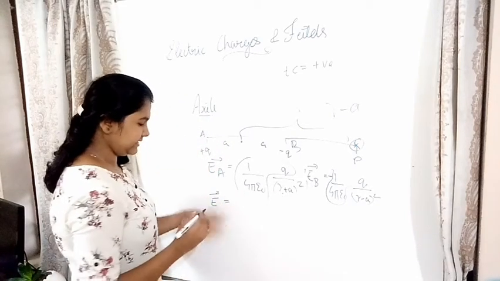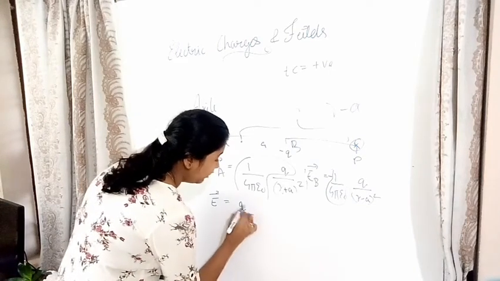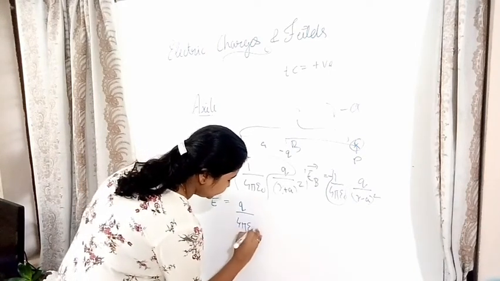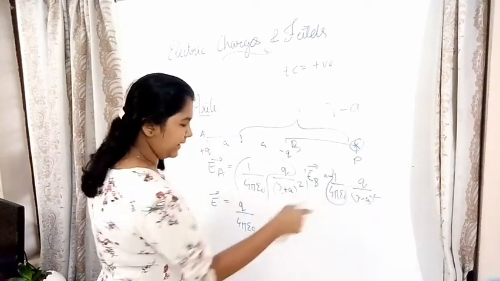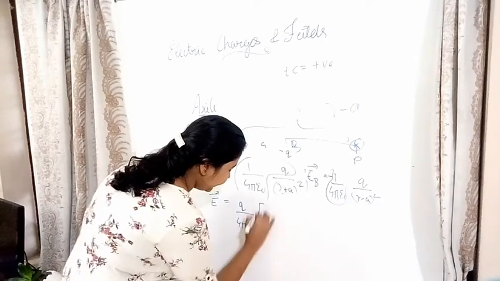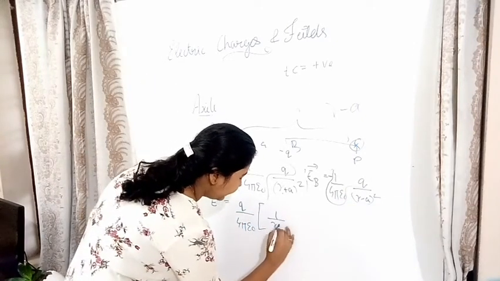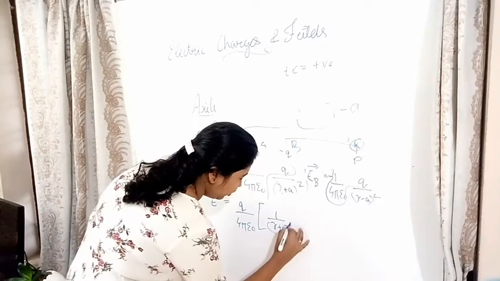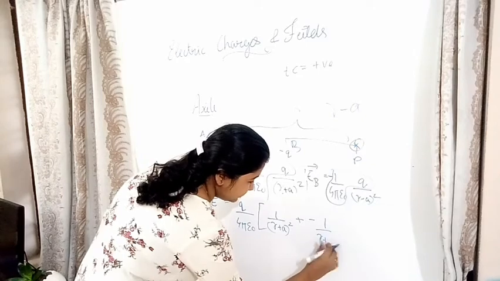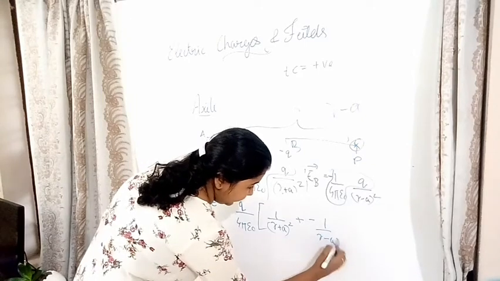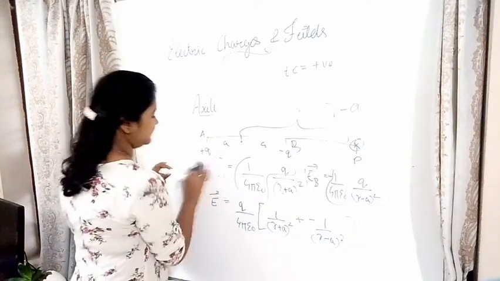Total electric field intensity is equal to Q by 4 pi epsilon 0 into 1 by (r plus a) the whole square, minus 1 by (r minus a) the whole square. Now we have to simplify this equation.